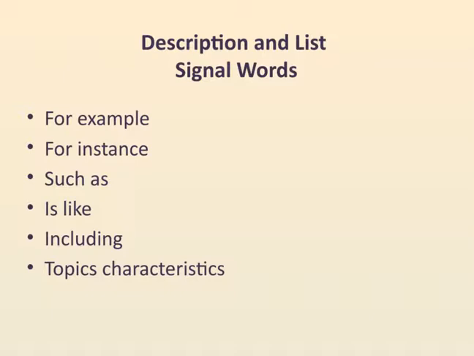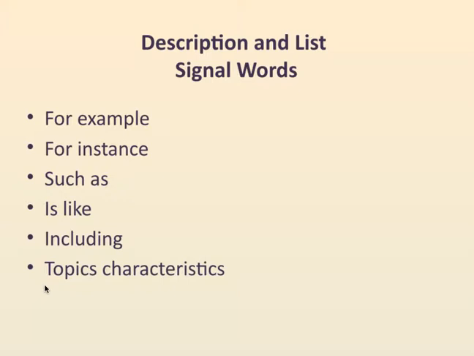When you're reading descriptive text, you're going to see words like, for example, for instance, such as, is like, including, and topics and characteristics.